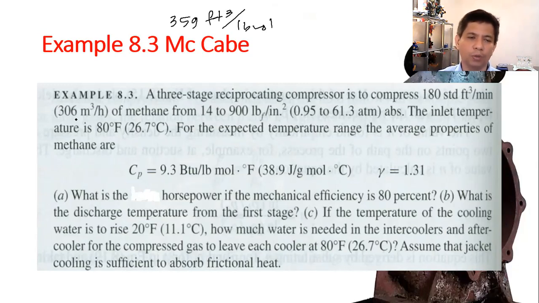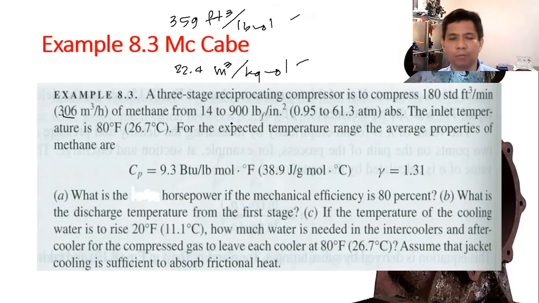If you're going to use the SI unit, say standard cubic meter per hour, you can use the 22.4 cubic meter per kilogram mole. So you need to remember this conversion factor. Both of these are at STP, standard temperature and pressure.